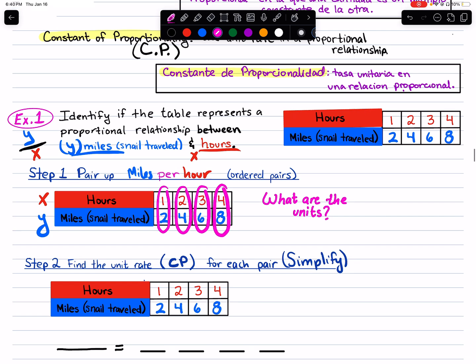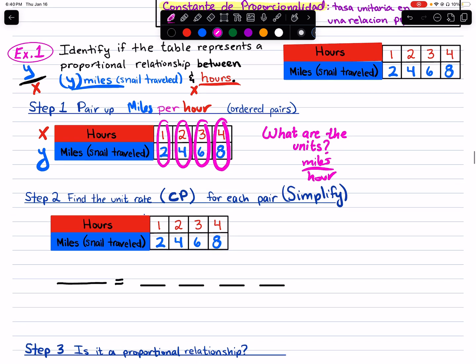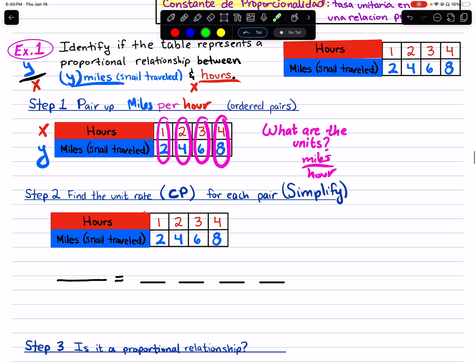They're called ordered pairs for graphing. What are the units? It's going to be miles per hour. Step two, it says here, find the unit rate, the CP, the constant of proportionality for each pair. And we're going to simplify. Okay, so let's do that.